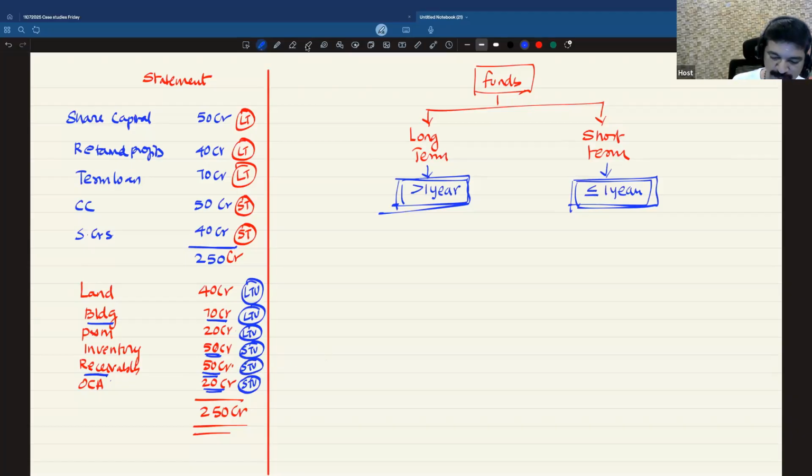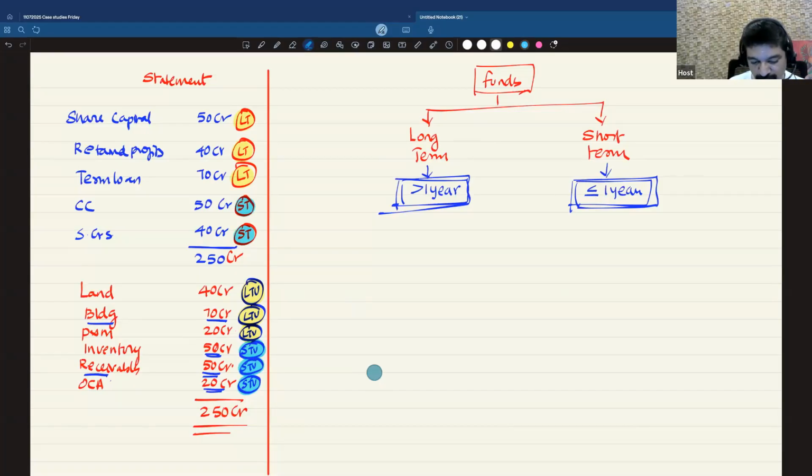So understand one thing. We have classified the sources as long-term sources, and we have classified the uses also into long-term uses. And on the usage side, we also have short-term uses, and correspondingly, we also have short-term sources.